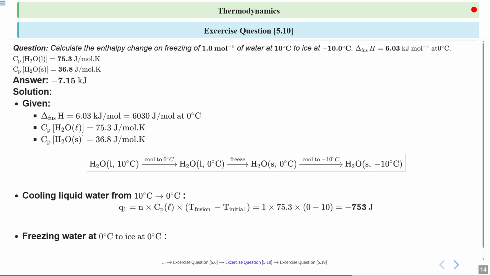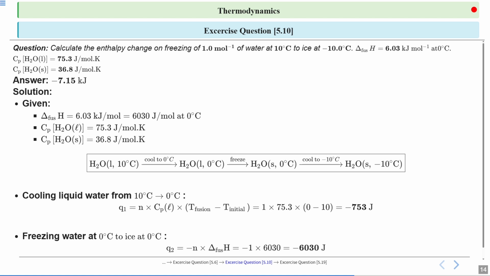What is the next situation that we will carry out? We will see the phase transition. For the phase transition, it's very simple. You just have to multiply with n. Why am I saying it? Because we already have the value for fusion, and it is per mole. The only thing we have done is converting the kilojoule to joule.